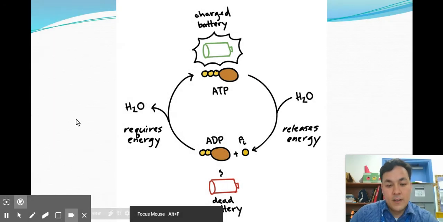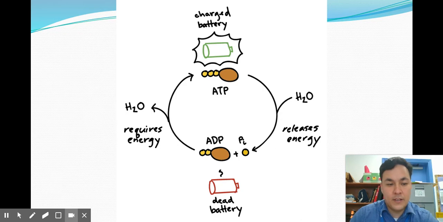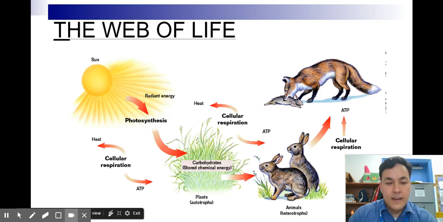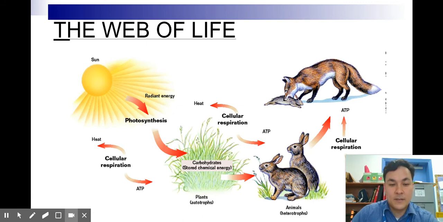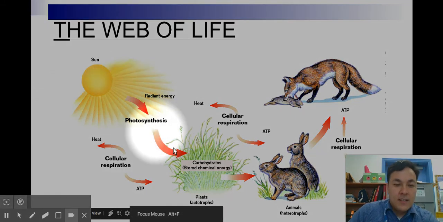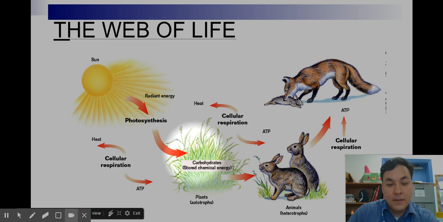All right, students, what should you get out of this? Let's go back to the first slide. Hopefully you should be able to explain the web of life and why plants are so important to us. Now, it's a little bit of a misnomer that plants have to have us to live. Remember, there's other sources of carbon dioxide in the world. But let's just view it simply. Sun, it's a beautiful thing. It shines down on plants.